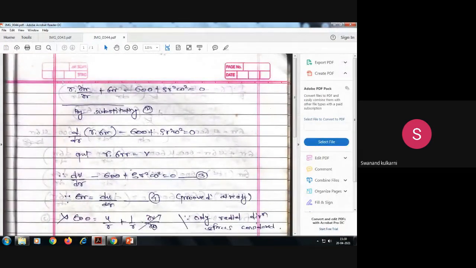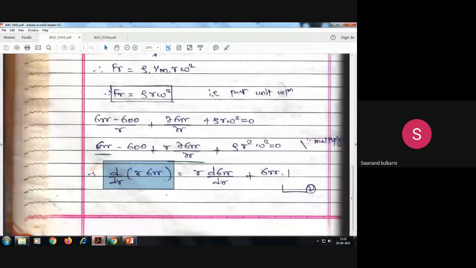So if we come to this particular part here, r into d sigma r upon dr. So here you can see that this particular step which is present here, only we are trying to replace. So r into d sigma r, in this step you can see, this is the part which is present here.